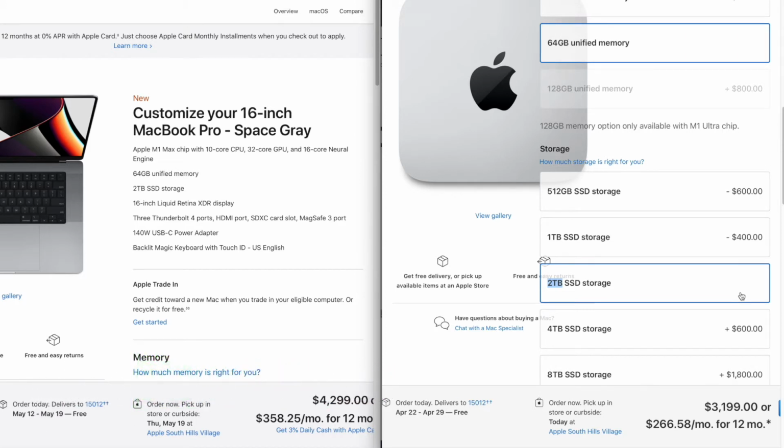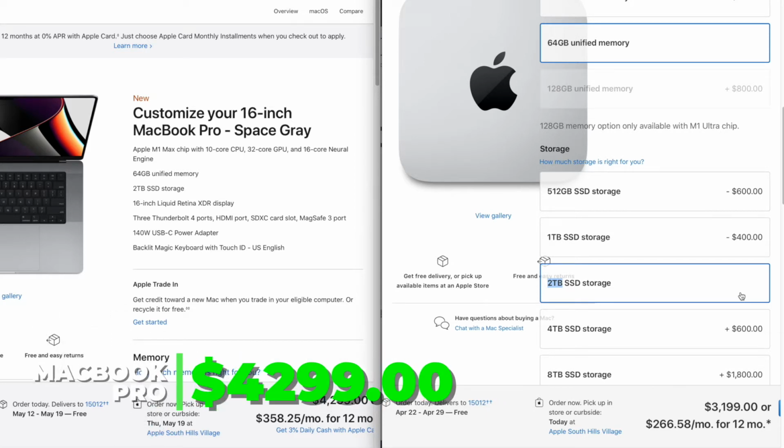So with the same configuration as my Mac Studio Max, the MacBook Pro 16-inch is actually 4,299. So I have configured both of them with the same specs. So the MacBook Pro would be just as powerful as the Mac Studio.